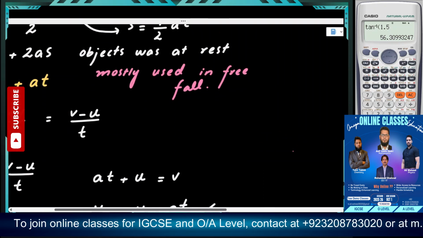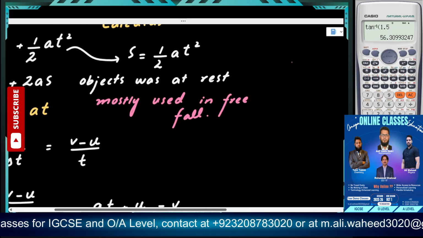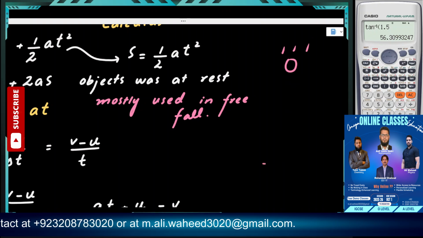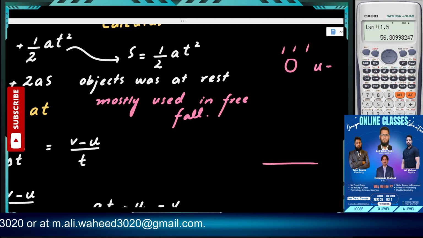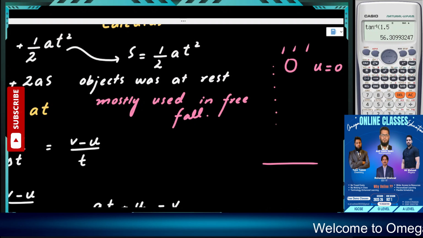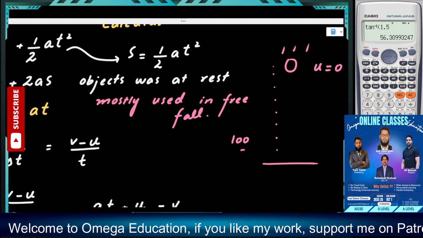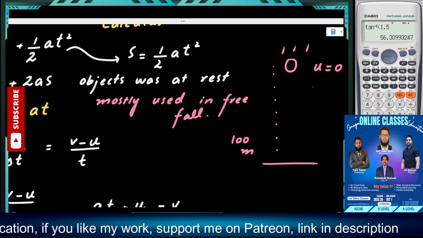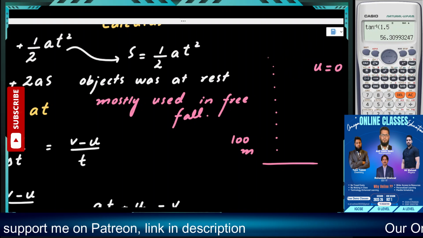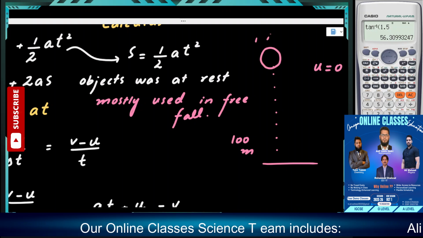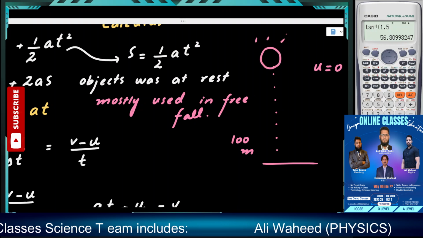The simplest case for that equation could be an object. You have an object over here that falls to the ground. It was initially at rest, and the object was dropped from a height of, let's say, 100 meters.